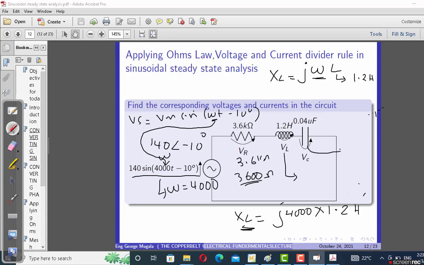Now, what about the capacitance? For the capacitor, we say that XC, the capacitive reactance, is minus j divided by omega C. So in this case, XC will be 1 divided by omega, which is 4,000, times 0.04 microfarad.